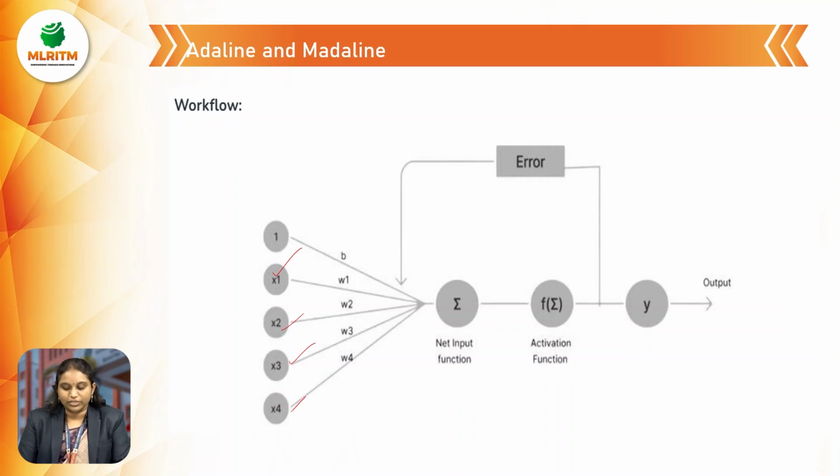After carrying the weights, the net input function is computed, then the activation function is taken into consideration, and after the computation of the activation function, the predicted value is displayed. If the predicted output is not precise, we have the error part, where we minimize the error with respect to the desired output.